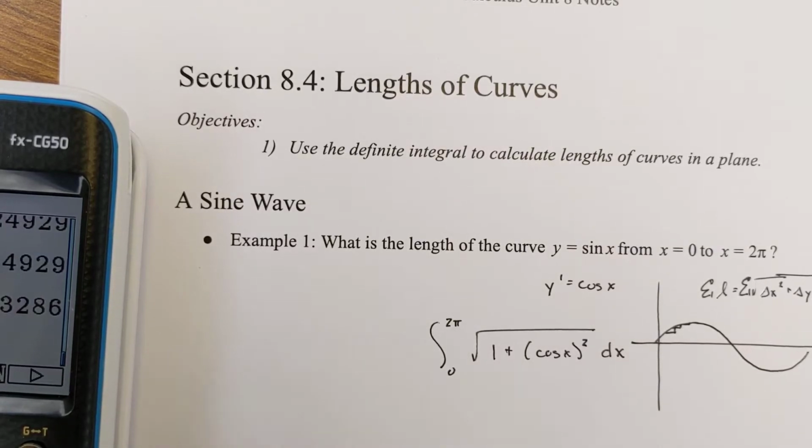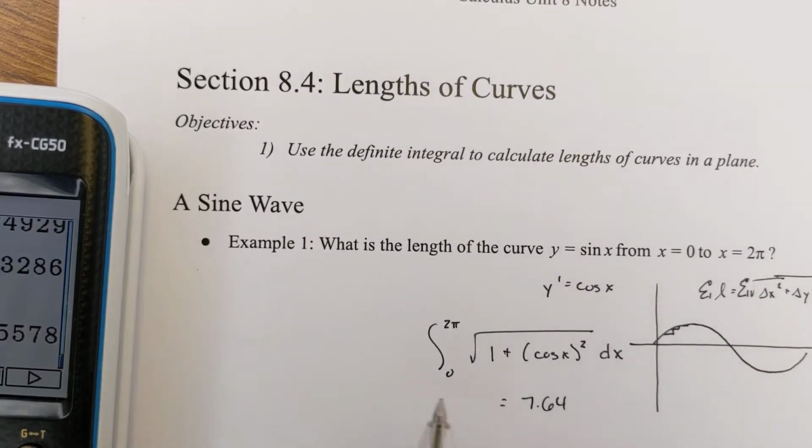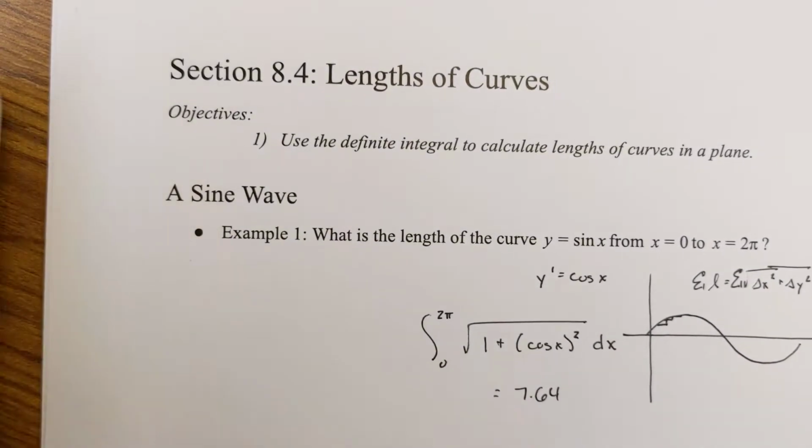So the square root of 1 plus the quantity cosine x squared from 0 to 2 pi, and we need to make sure we are in radians, okay. And this comes out to be about 7.64 units. So the length of your curve is that.